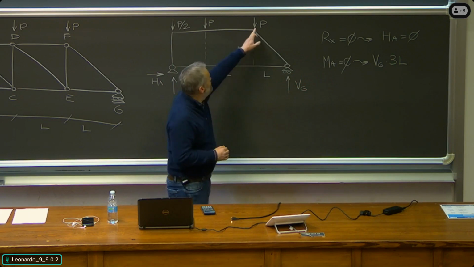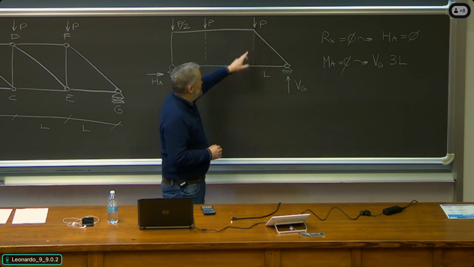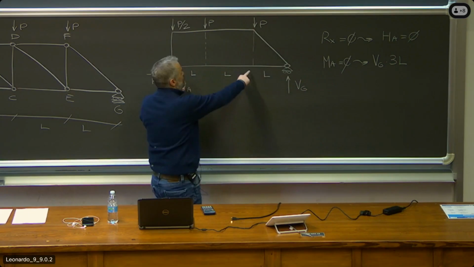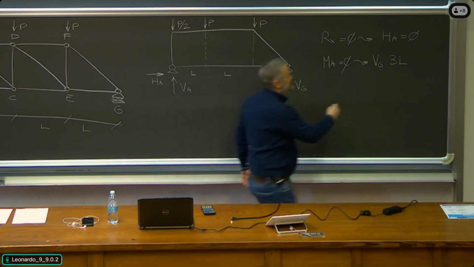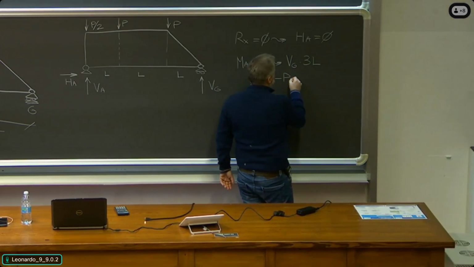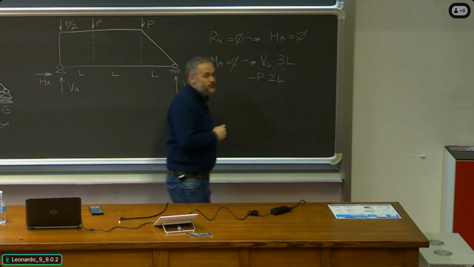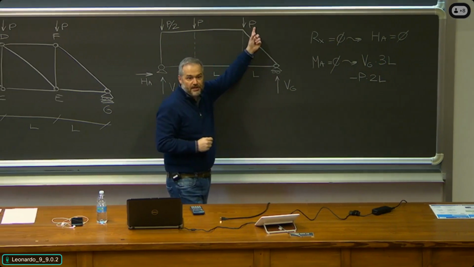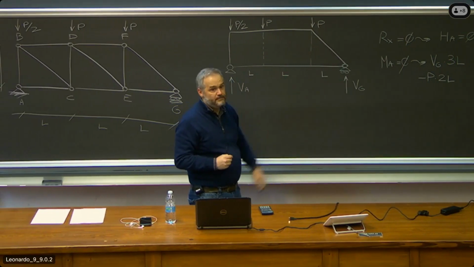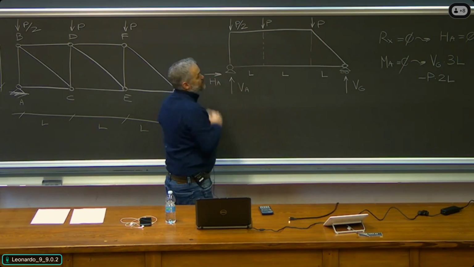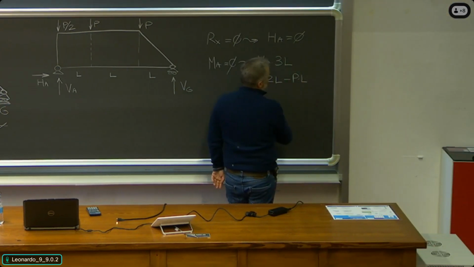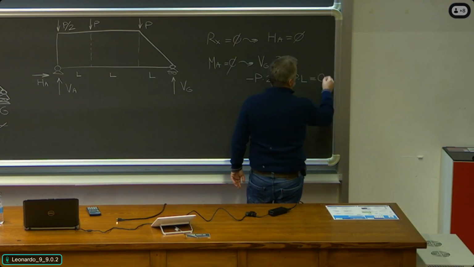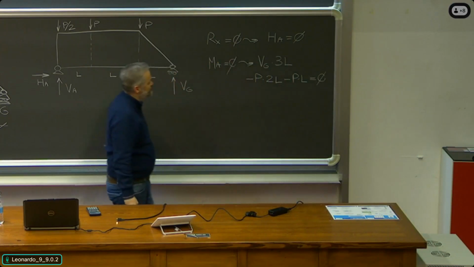which means P downwards with a lever arm which is 2L has a clockwise contribution, which means minus P times 2L is the contribution of this force here. Okay? And same for that P over there, which means minus P times L is its contribution, and this is everything we have on our structure.